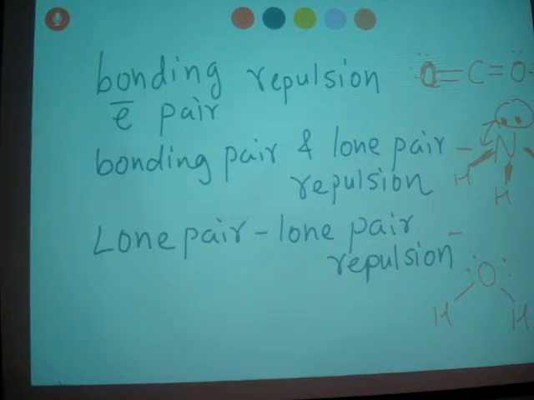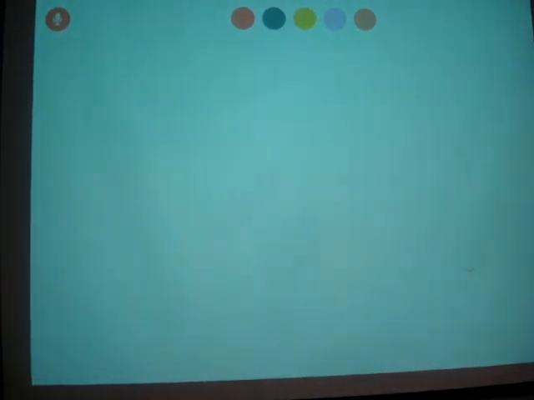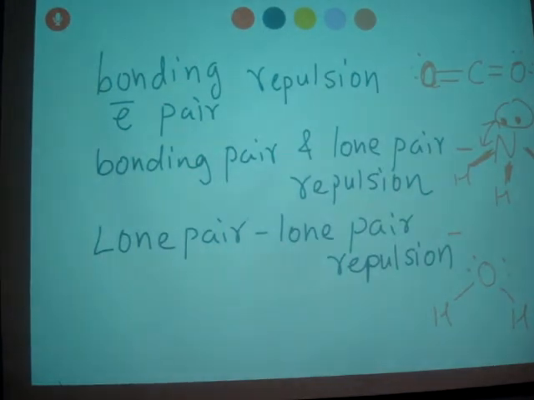Now for the repulsions, we need to talk about which one is stronger: lone pair repulsion, bonding pair and lone pair repulsion, or bonding pair repulsion. Which one is pushing more? The lone pair. Lone pair repulsion is higher. Let me draw that.